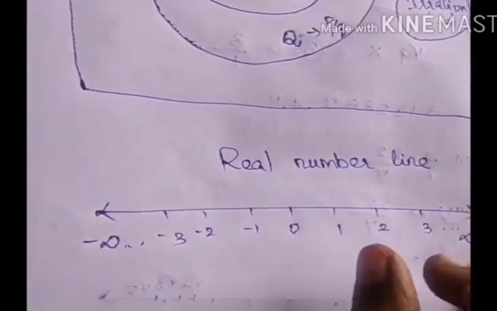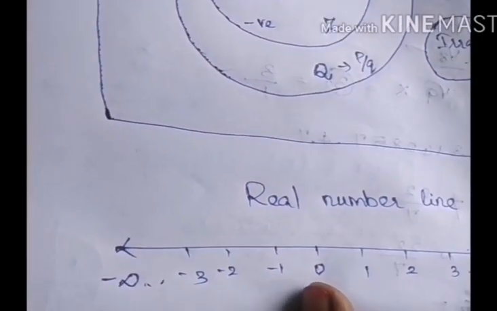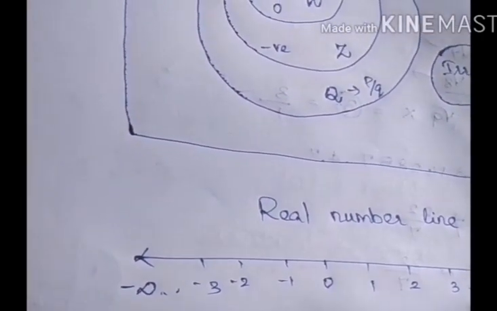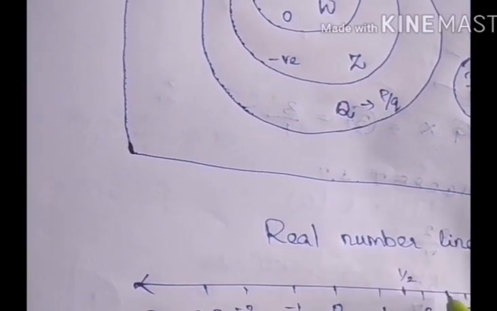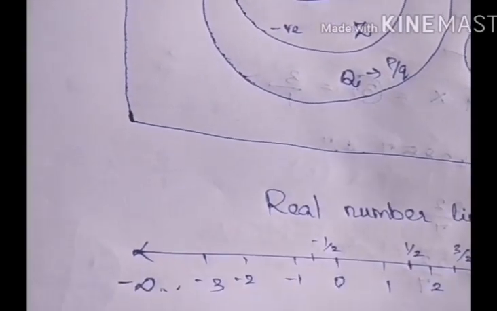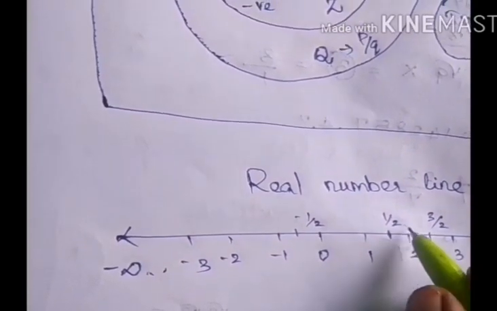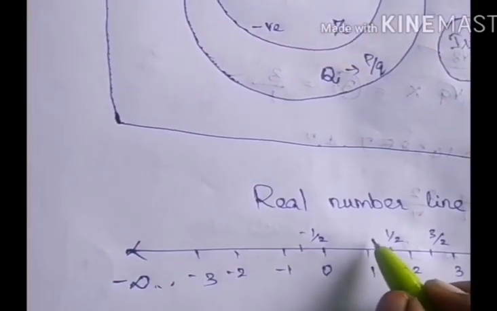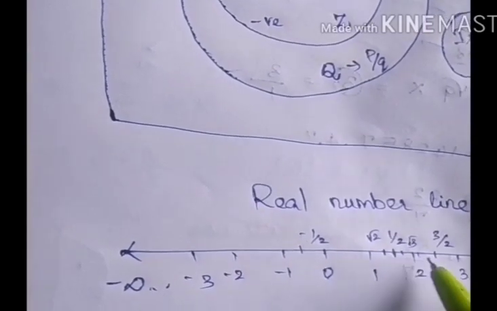Here you have natural number, which is 1 to infinity, then whole number 0 to infinity, integer minus infinity to infinity, rational number 1 by 2, 3 by 2, minus 1 by 2, etc. Even irrational number which is root 2, that is 1.4, root 3, 1.7, root 5, 2.25.